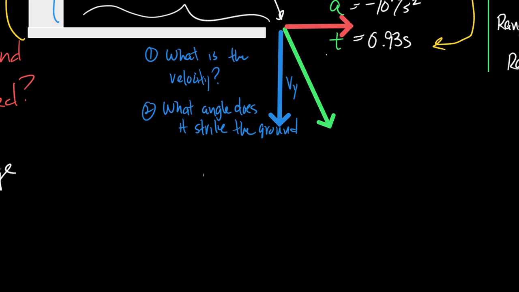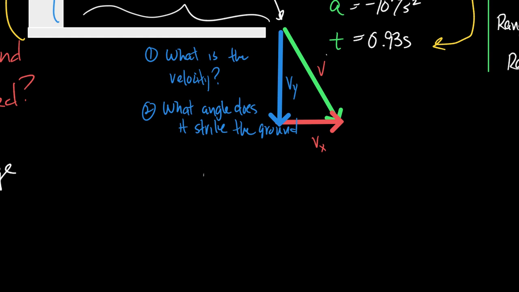This triangle isn't great, but I'll at least put it together. This is what it would look like. Vy would be its velocity downwards, and Vx would be its horizontal velocity. You could use that to figure out V, how fast it's going when it reaches the ground.